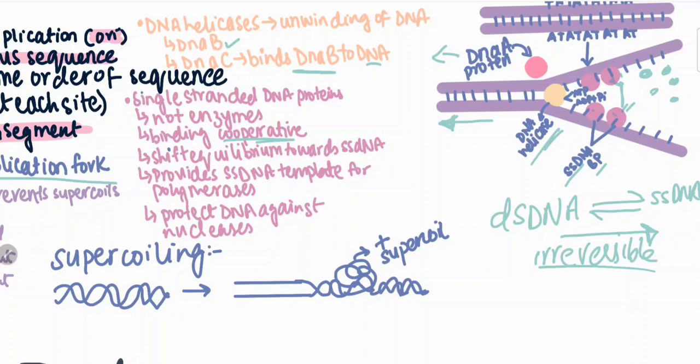In addition to providing a template for the polymerases, the single-stranded binding proteins also protect the DNA against nucleases. How so? Because they're binding, they're literally hugging the DNA molecule, so another incoming nuclease cannot attack the DNA molecule.